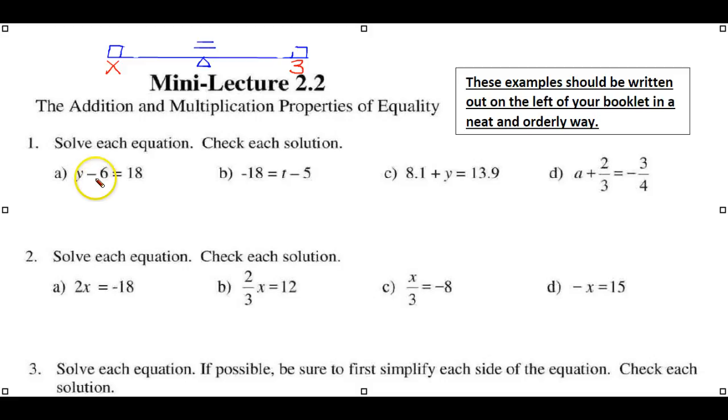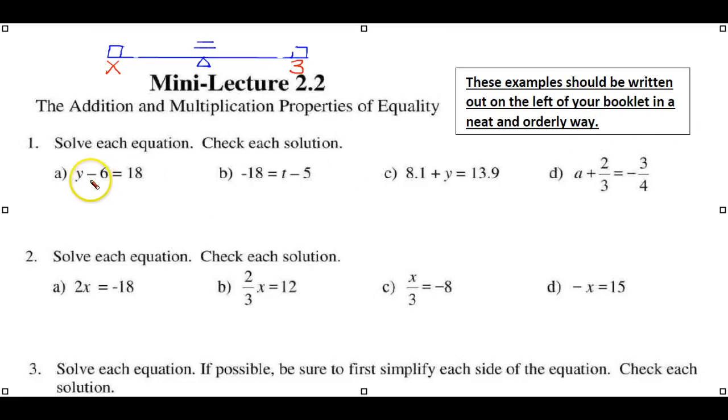Okay, so again, we want to isolate the y all by itself here. So how do we get rid of a negative 6? Well, let me not put the equal sign there yet.